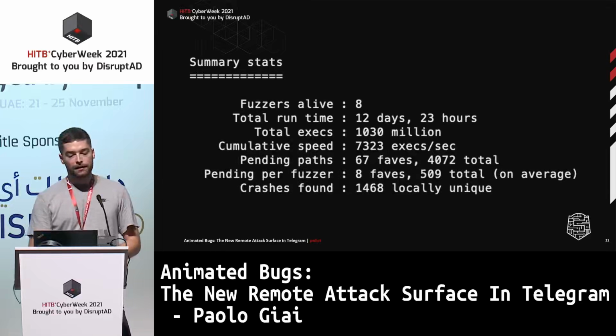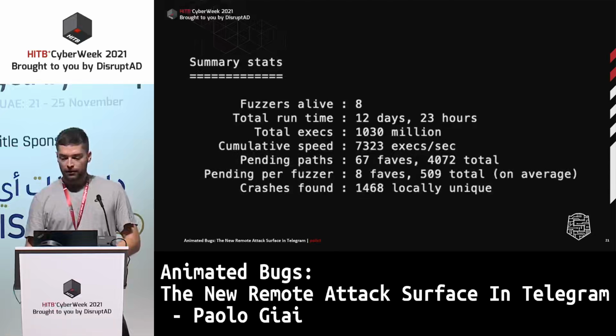Here it says locally unique, but as you can imagine, since they are both JSONs, both Lottie animations, in this case, AFL++ is not really able to categorize them and test if they are actually unique, because as we will see later, all of these crashes in the end were just 11 unique issues.